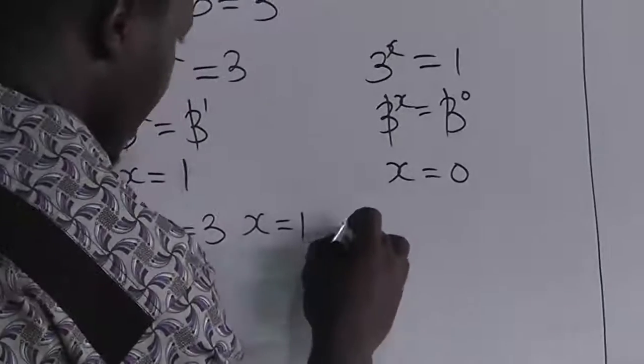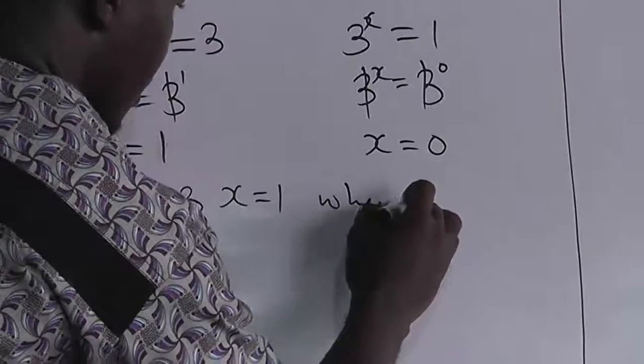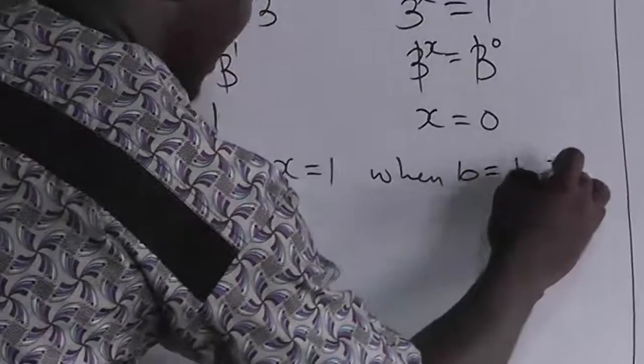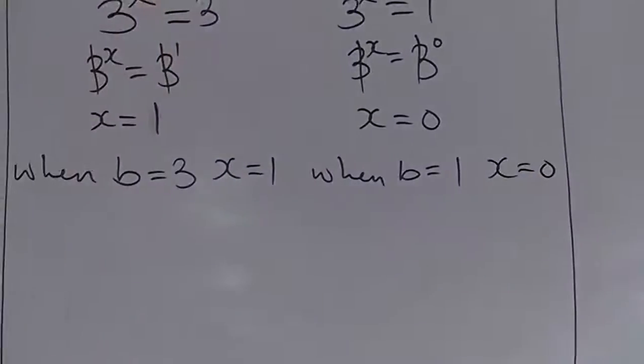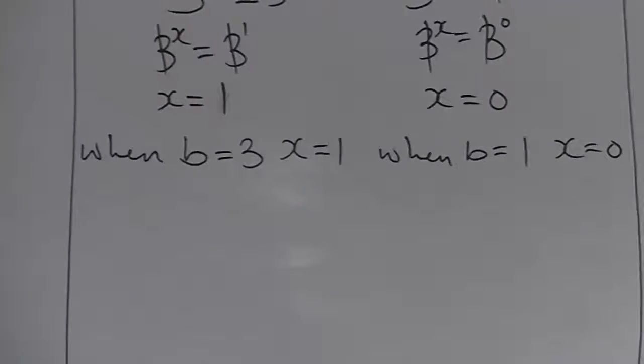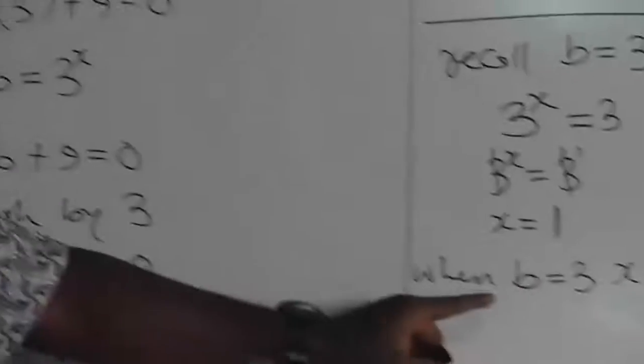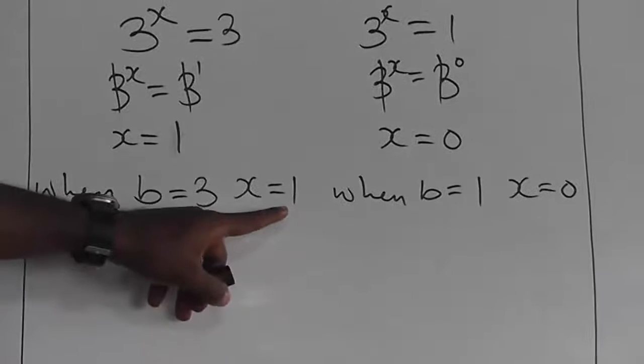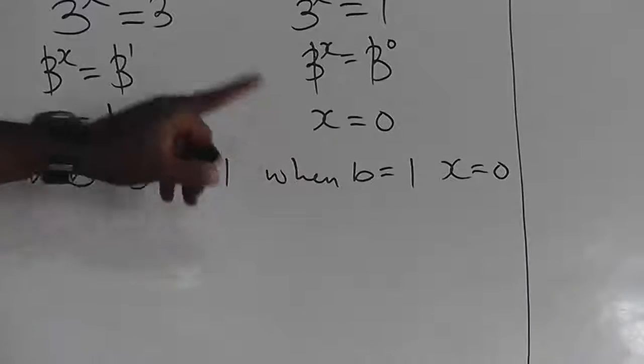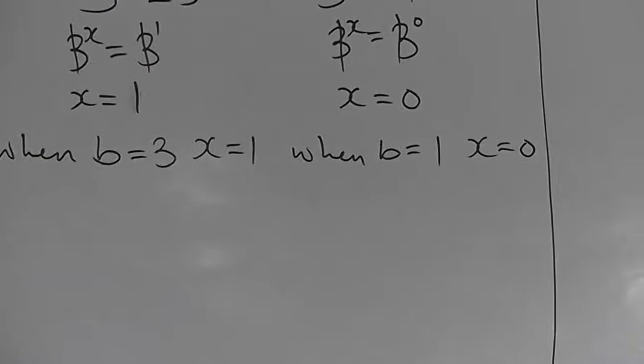And when b is equal to 1, x is equal to 0. So this form always gives you 2 answers. When b is equal to 3, x is equal to 1. And when b is equal to 1, x is equal to 0.